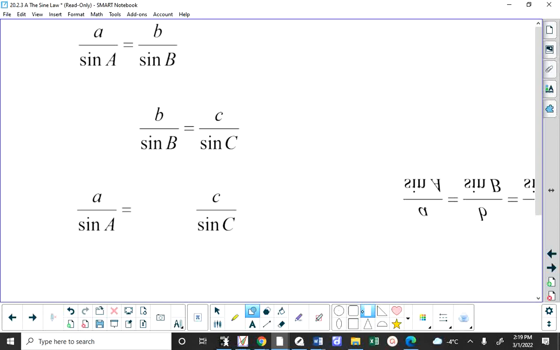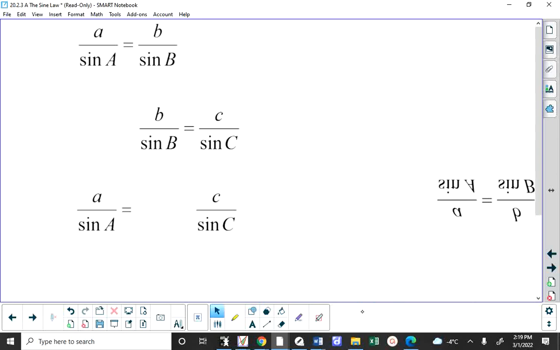I can write A over sine A equals B over sine B. I can write A over sine A equals C over sine C, or I can write B over sine B equals C over sine C. I really hope that we're all crafty enough to understand that if I give you a triangle that's labeled PQR, we don't run screaming from the room because there's no A, B, and C, right? What the sine law says is side over sine of angle is the same for pairs of sides and angles.